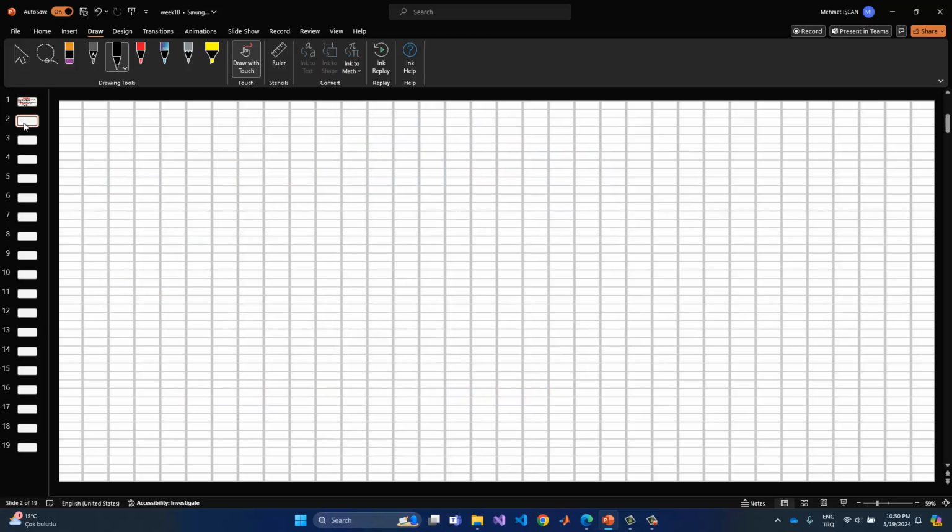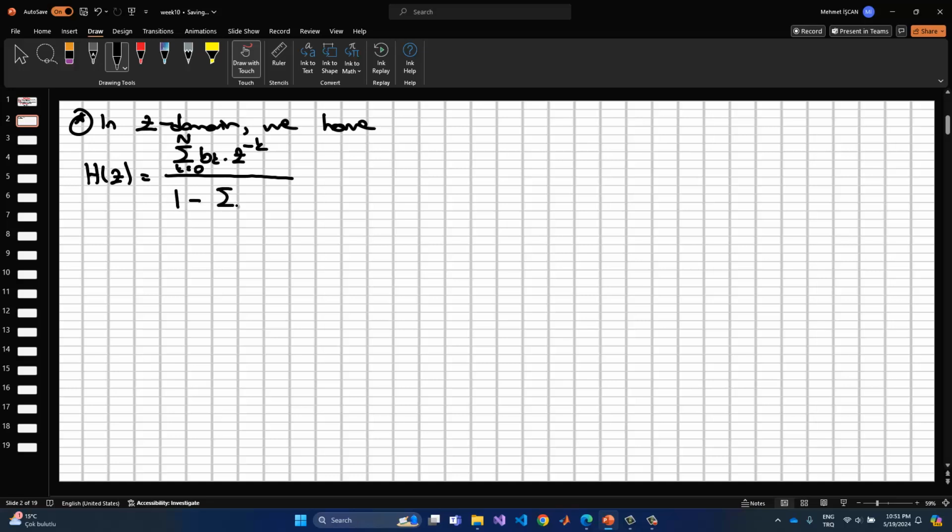so in the Z domain we have this transfer function H(z) equals the sum from k equals 0 up to N of b_k times z to the power minus k, over 1 minus the sum from k equals 0 up to M of a_k times z to the power minus k.